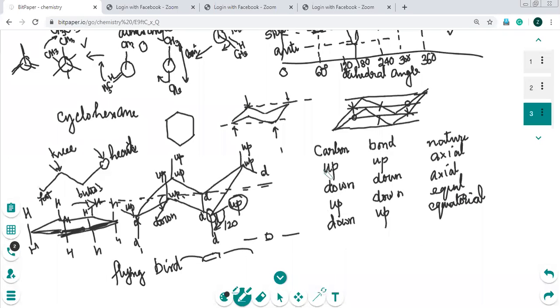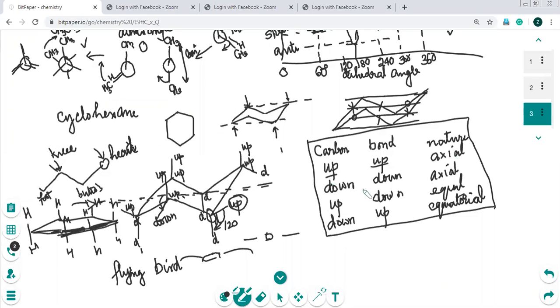Is that clear? So keep this table in your mind while drawing the structure of cyclohexane. We'll put it as a slogan: up, up, axial; down, down, axial; up, down, equatorial; and down, up, equatorial. Is it clear?